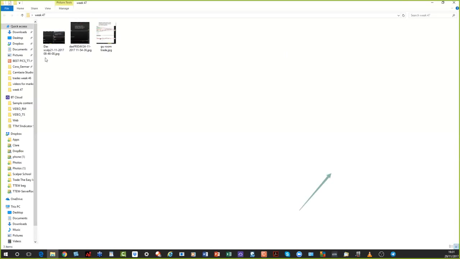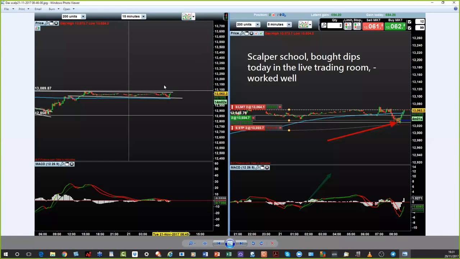And let me see, I'll show you some other trades. Okay, here's some other trades. This is from week 46, so that's 2 weeks back. Bought the Dow down here at 34.